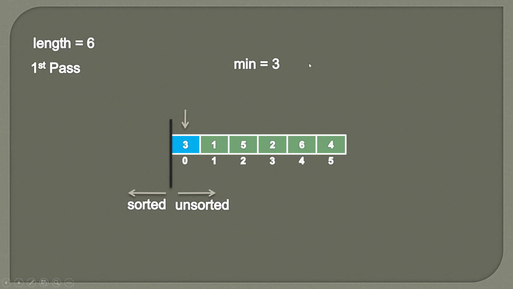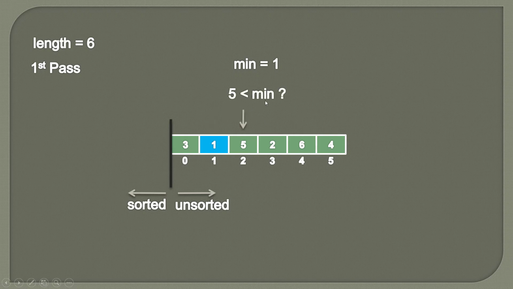Now we go to its next element and we compare 3 with 1, and we check whether 1 is less than 3 or not. So here 1 is less than 3, which means that our assumption is wrong and 1 will become our new minimum. So 1 becomes our new minimum, and we simply go on like this.